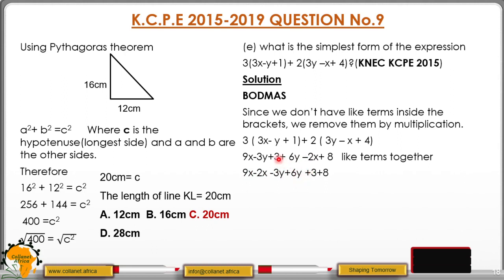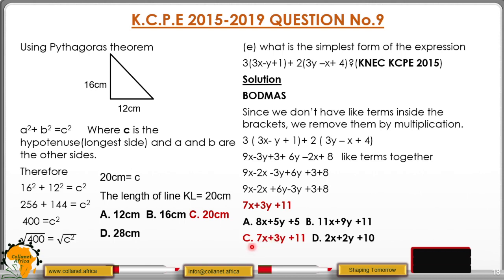Then this plus that one. So this should be very careful. You don't add this to this. You subtract this one from this. So it is good to rearrange such that you get 6y minus 3y. So the answer will be 7x plus 3y plus 11. You get your answer, and the choice is C.